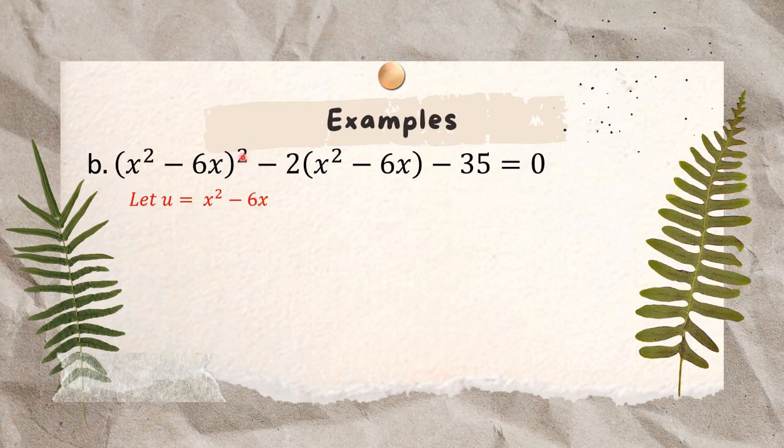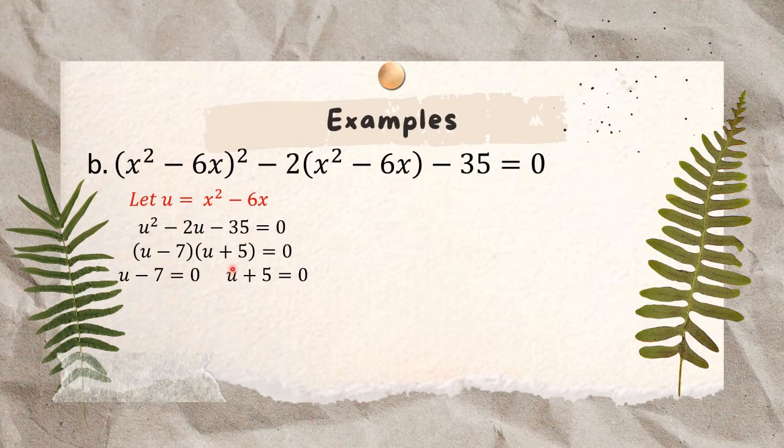Since 2 na po yung nandito, we can write it as u squared already minus 2u minus 35 is equal to 0. Yan po yung ating quadratic form. Then, the factors of this quadratic equation in terms of variable u are u minus 7, u plus 5. Then, equate each factor to 0.